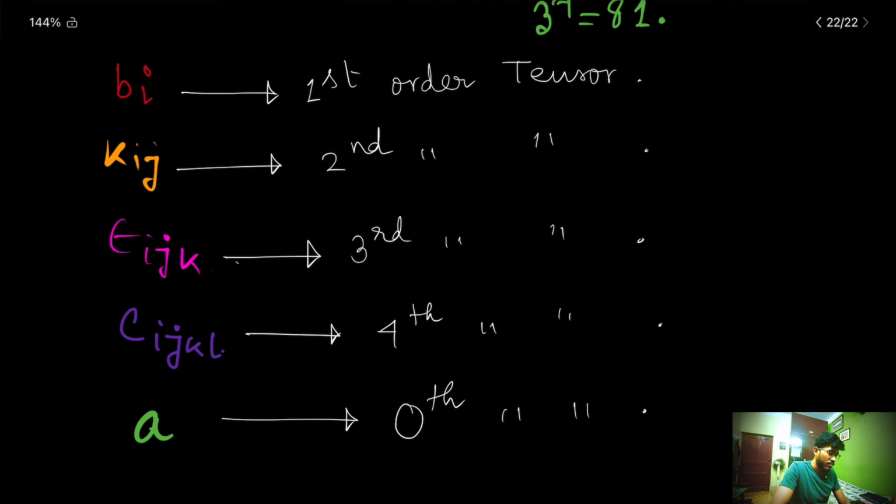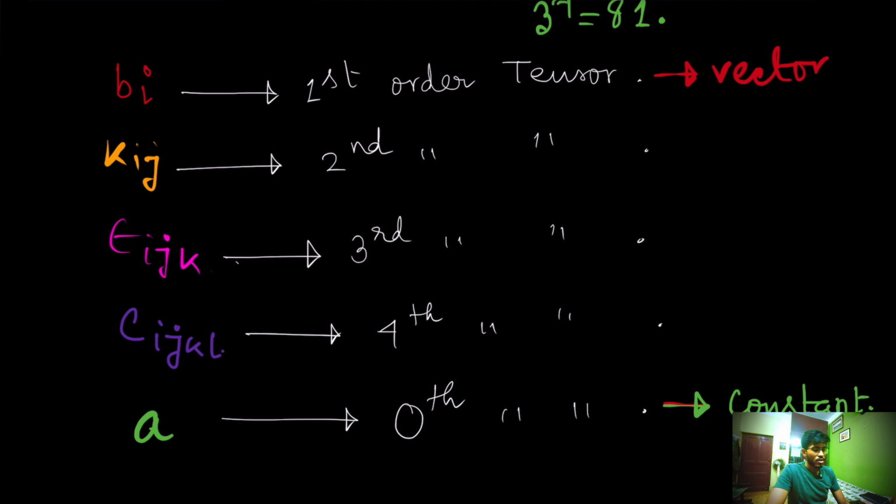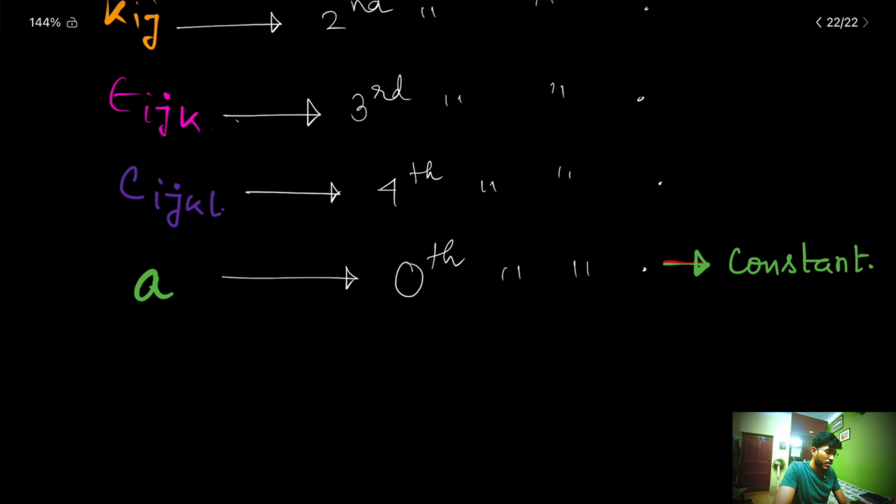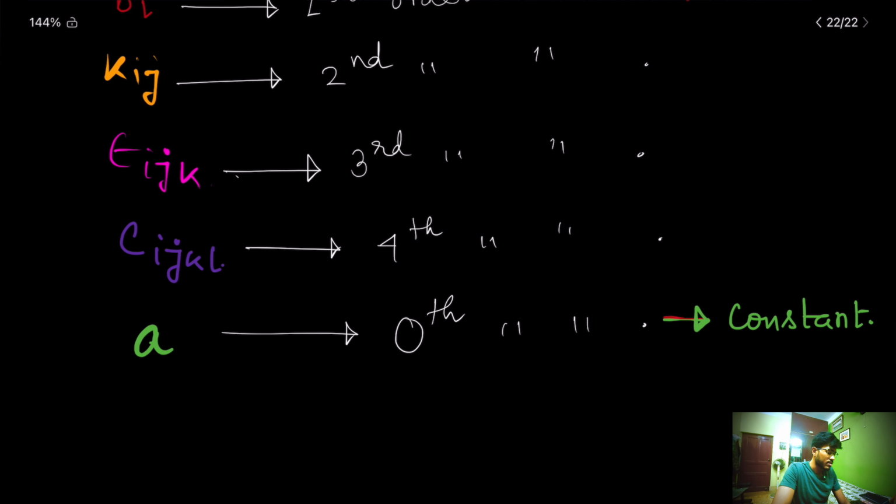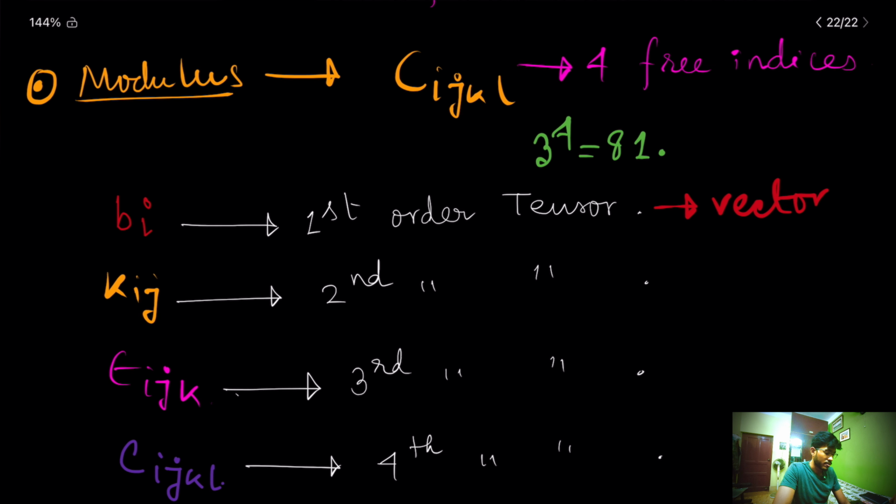And we have separate names for some of these, and those names are that this is a vector, and this is nothing but a numerical constant. But these are tensors, second order, third order and fourth order.